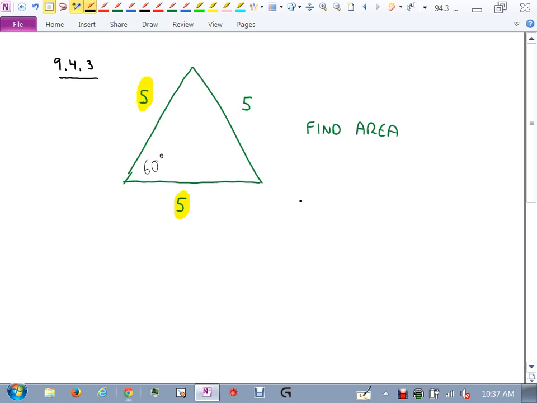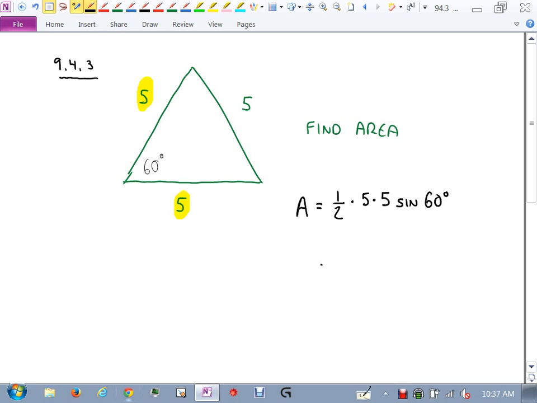So I know that the area of any triangle is 1/2 AB, which for me is what? A is 5, B is 5, and then sine of 60 degrees. What's sine of 60 degrees? Well, what's the y coordinate at 60 degrees? √3 over 2.